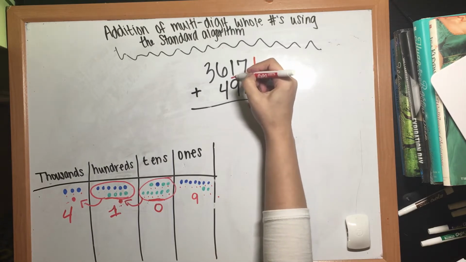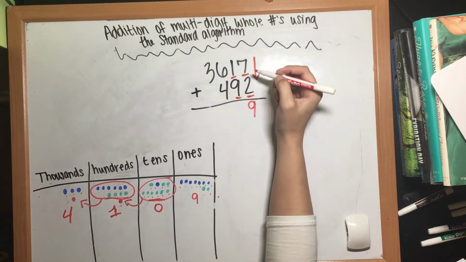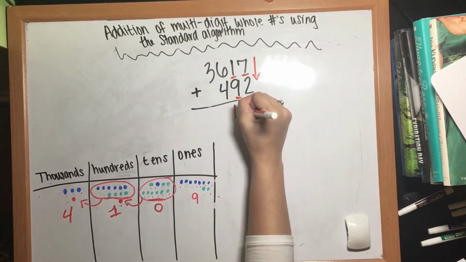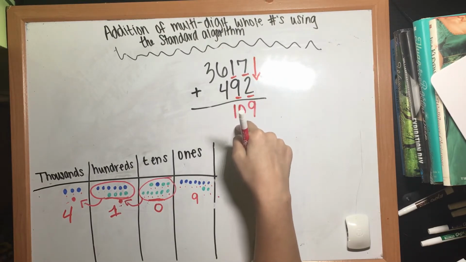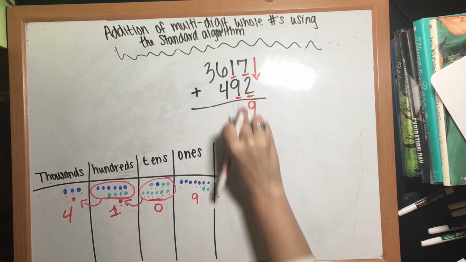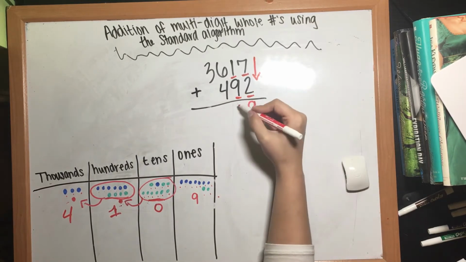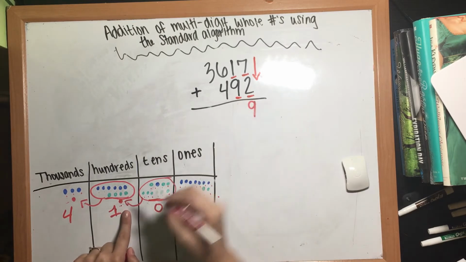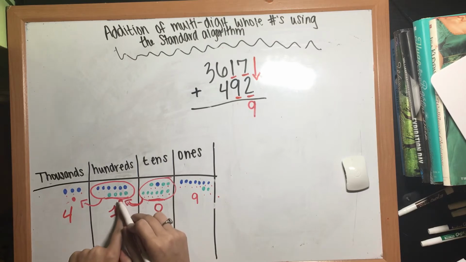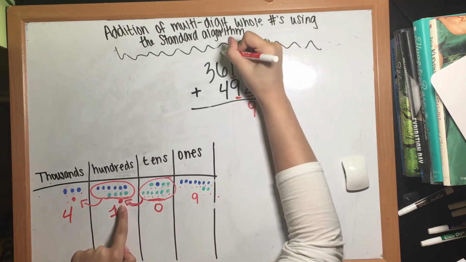Now I'm going to add the tens place. 9 plus 1 gives me 10. Is this number okay to stay in the tens place? No, because we hit a 10, so we need to regroup. So, just like down here, when I added this little disc to the next place, I'm going to add a 1 up here.